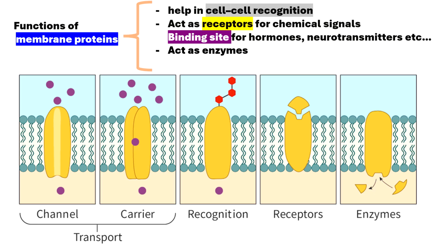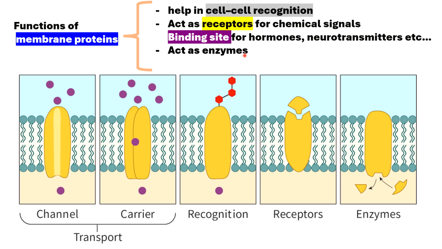There's going to be other types of proteins in the membrane, or membrane proteins, but all of them are going to have certain functions such as cell-to-cell recognition, acting as receptors for chemical signals, binding sites for hormones and neurotransmitters that trigger certain responses, and they can also act as enzymes.